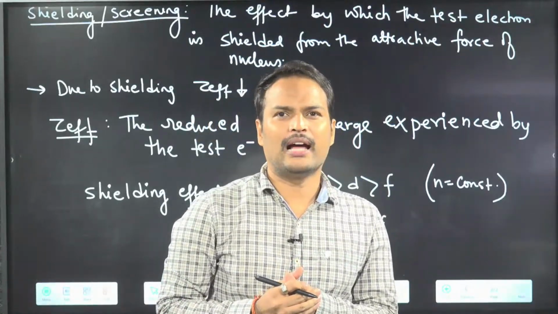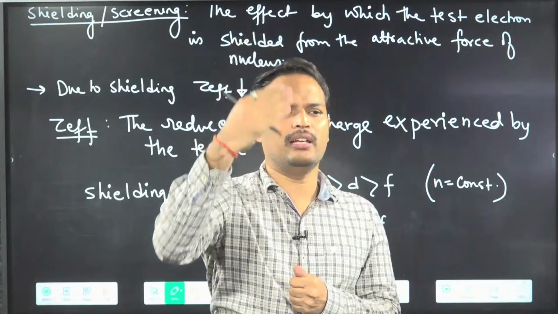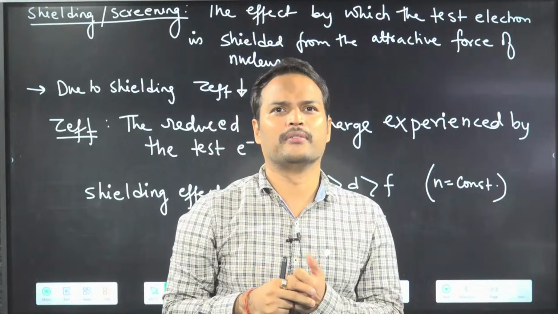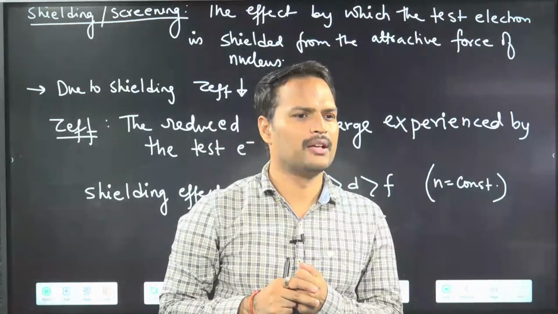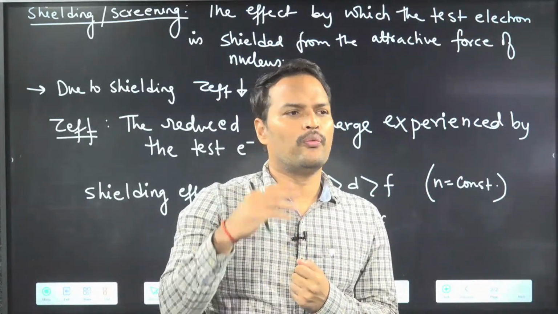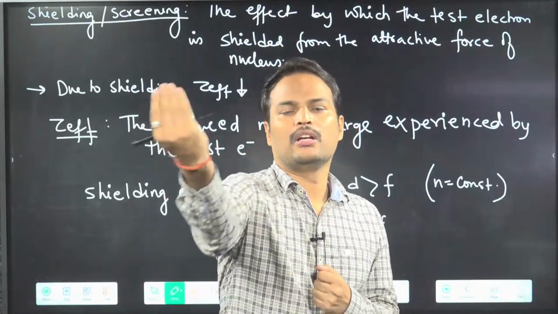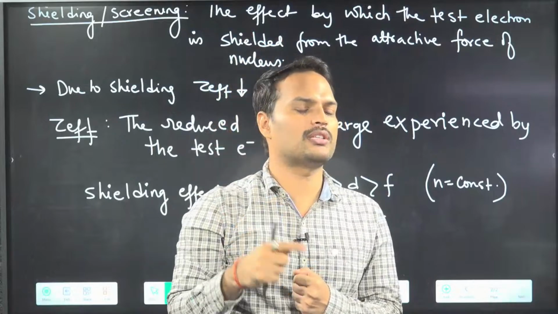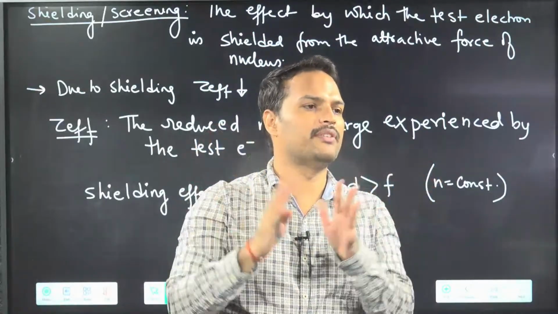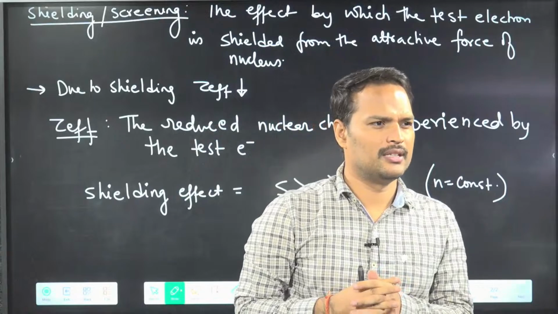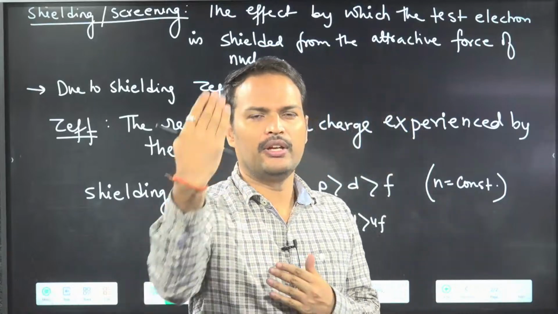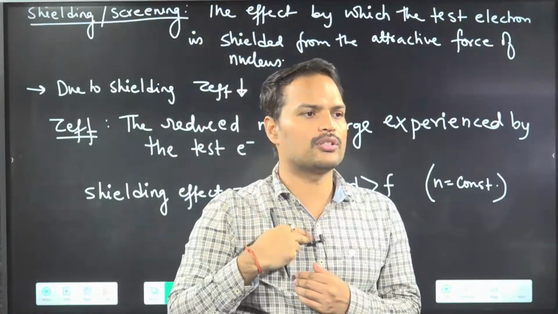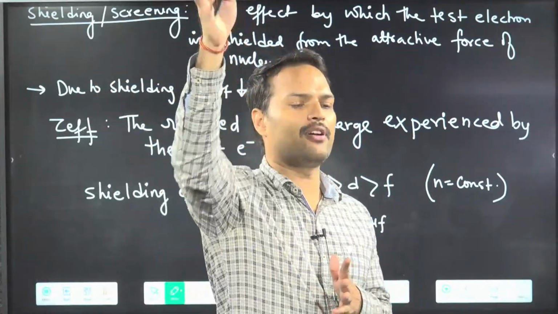Now you tell, the screen is there, you are sitting here, and Kanchana 2 is there. You are very afraid. Which orbital will you keep in between the screen and yourself so that you are saved from Kanchana?